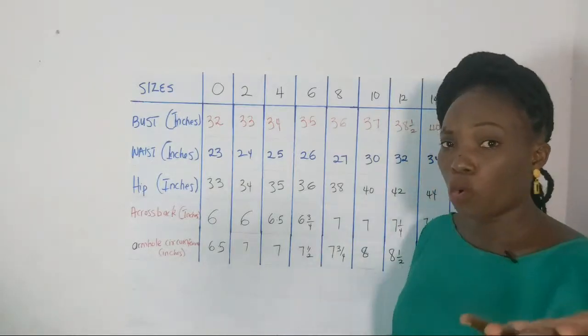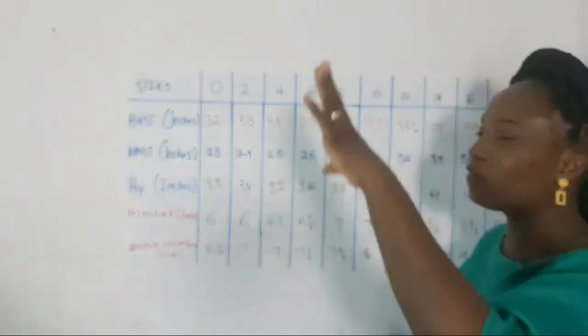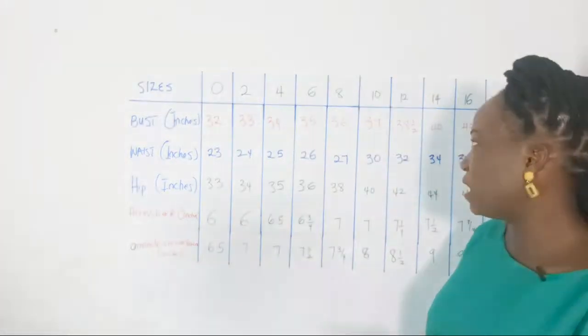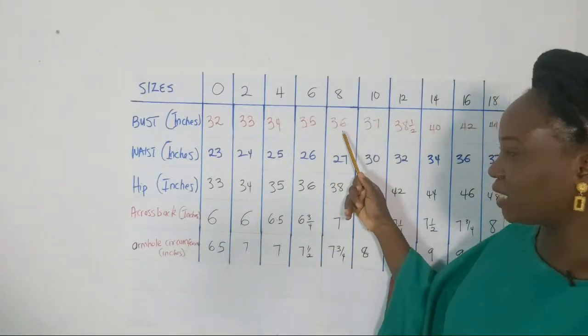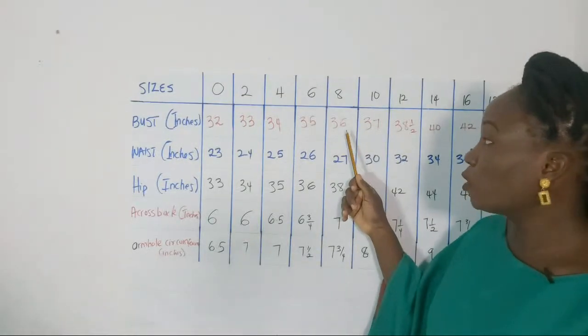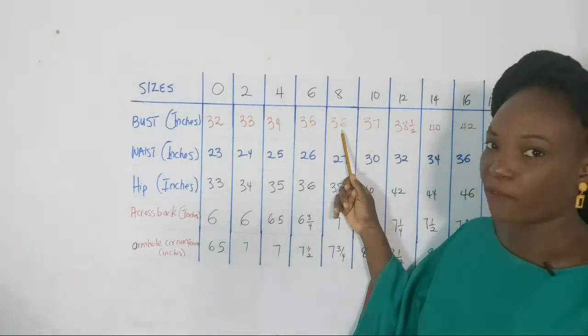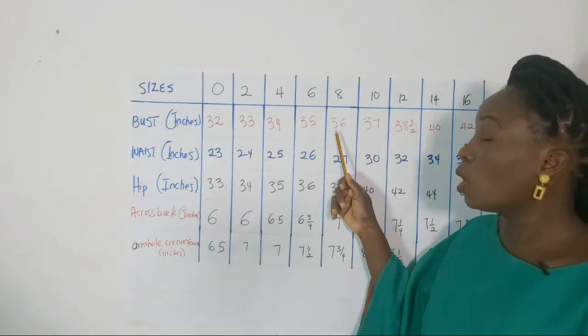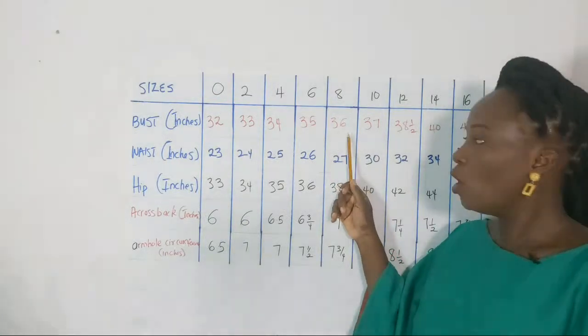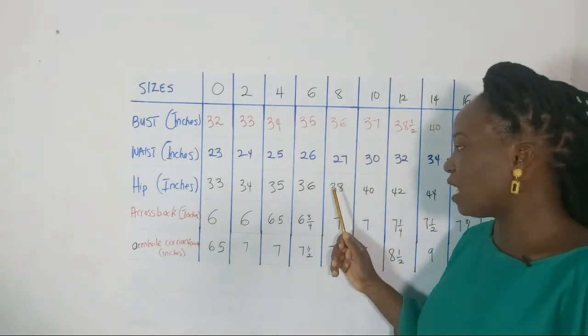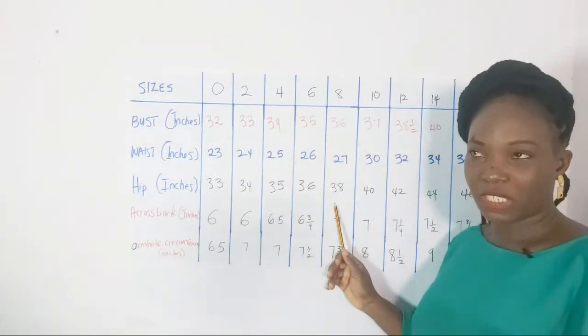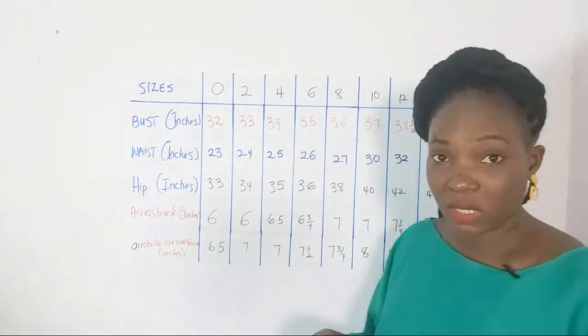But it is very possible that out of those 10, not everybody's bust is 36. Some people's bust might be 35, but their waist is 27 and hip 38. You understand? And I'm sure you can relate to this.